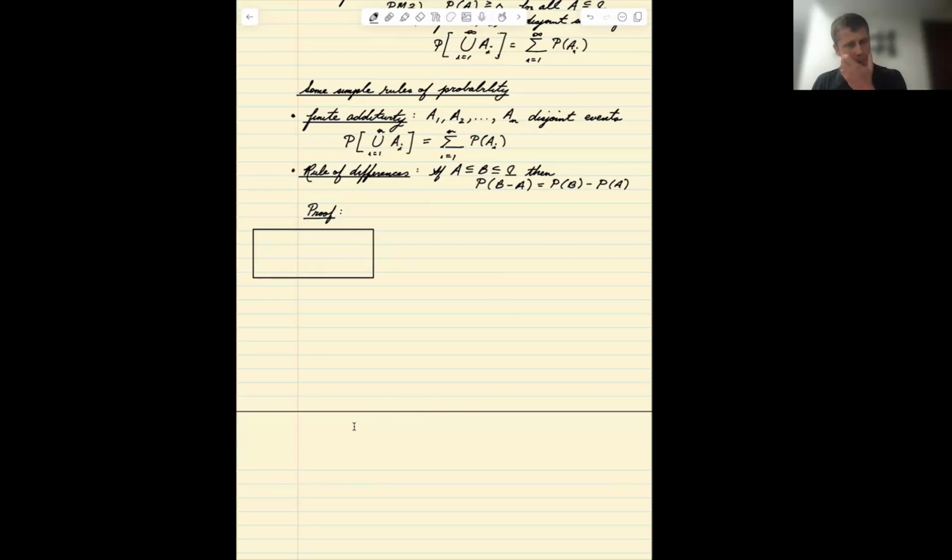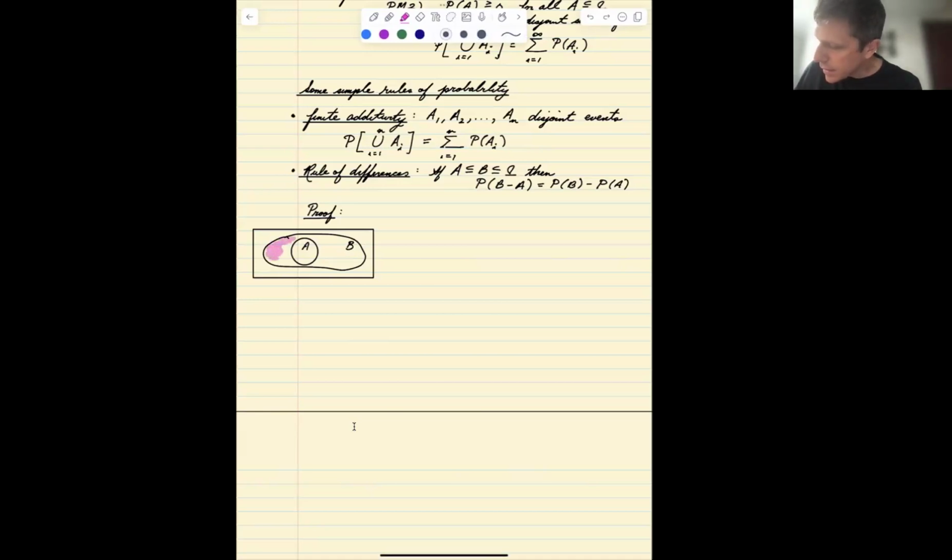So we have B, which is some event, some subset, and then A is a part of B. So this is B, and this is A. And what we care about is B minus A, the stuff that's in B that's not in A. Let's color that in.